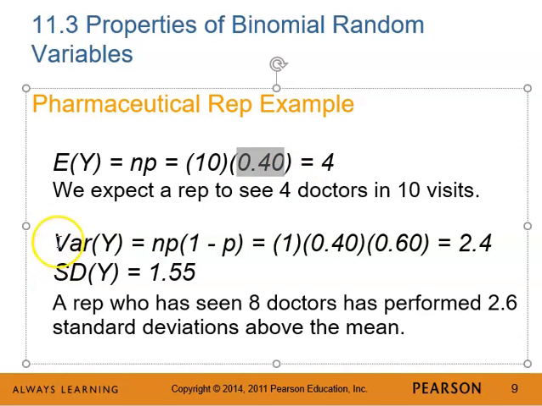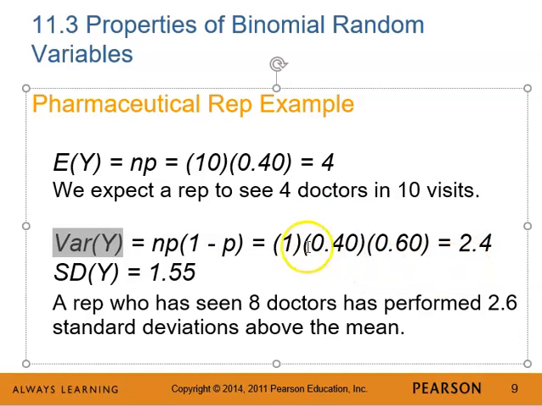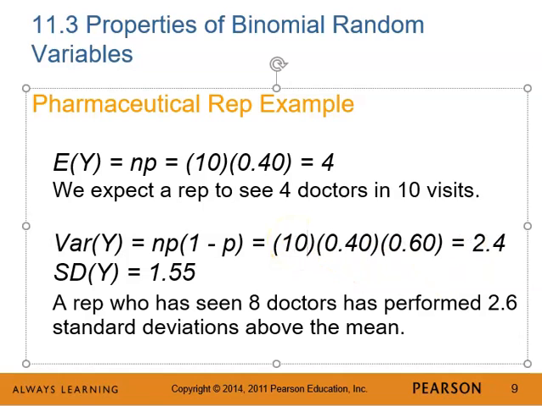How about the variance? How do we calculate the variance? That's n times p times 1 minus p, and that would be 10 times 0.4 times 0.6, which is 2.4, and that is your variance for this phenomenon.